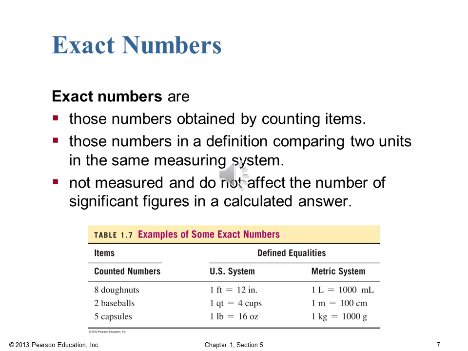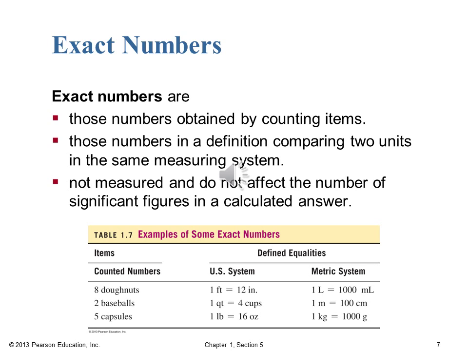Sometimes when we're doing significant figures, we have values that seem to have very few significant figures but are actually exact numbers. And exact numbers never influence the number of significant figures in a calculation. Exact numbers include those numbers obtained by counting items.